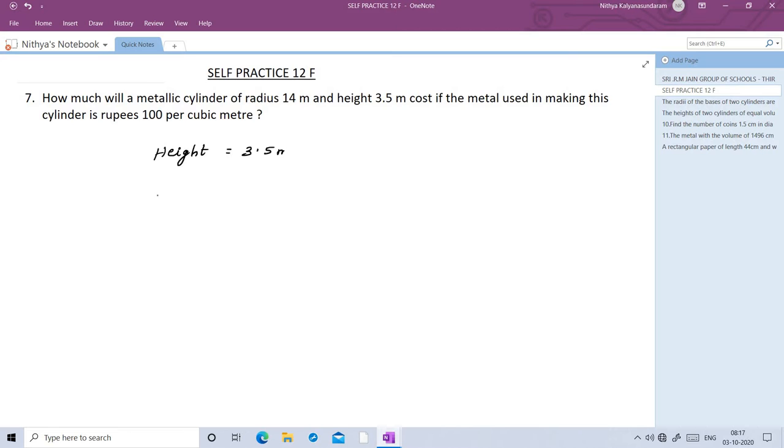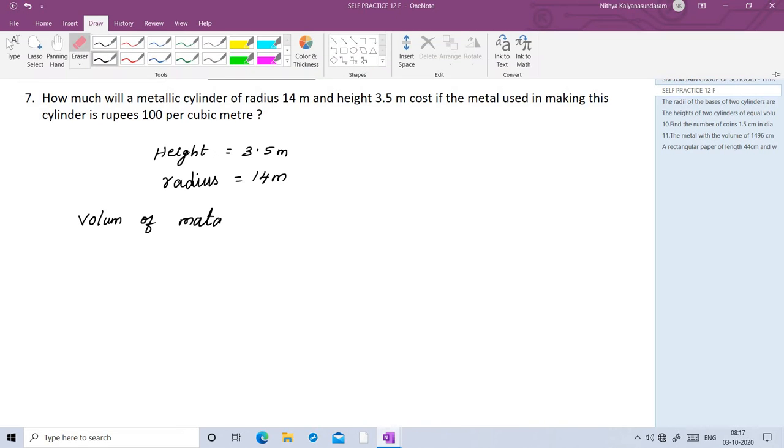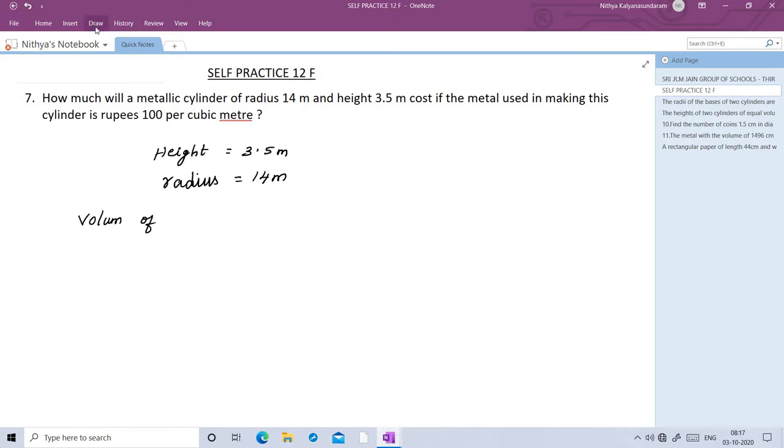3.5 meter. Radius is equal to 14 meter. Volume of metallic cylinder is equal to pi r square h.